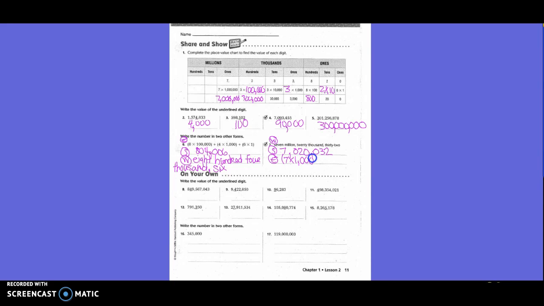Okay. So I write my parentheses, and then I'm going to write 7 times what? 1 million. Plus, do I have anything in the 100,000 spot? No, so I don't have to put anything for that, right? So then parentheses, what's my next number I see? I see 2, right? So 2 times, and what place value is that in? 10,000, right?